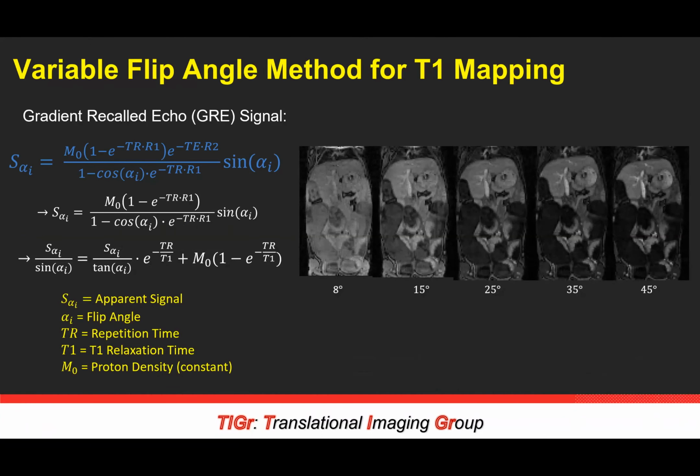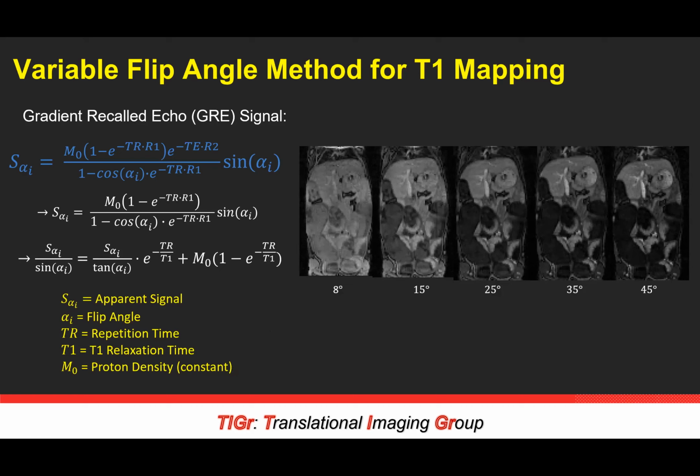Now, how do we actually perform T1 mapping with this gradient recall echo protocol? So like I mentioned, we're acquiring 5 different flip angles: 8, 15, 25, 35, and 45. And you can see in these images the impact on signal quality and signal intensity as the flip angle changes. We then simply take the GRE signal equation, as you can see up here at the top left, and we reconfigure it so that we can get a fit for apparent signal in the image, the apparent signal that you're actually seeing in these images, and we relate that to a set of different parameters that are known, such as repetition time and proton density, which is a constant for the instrument.